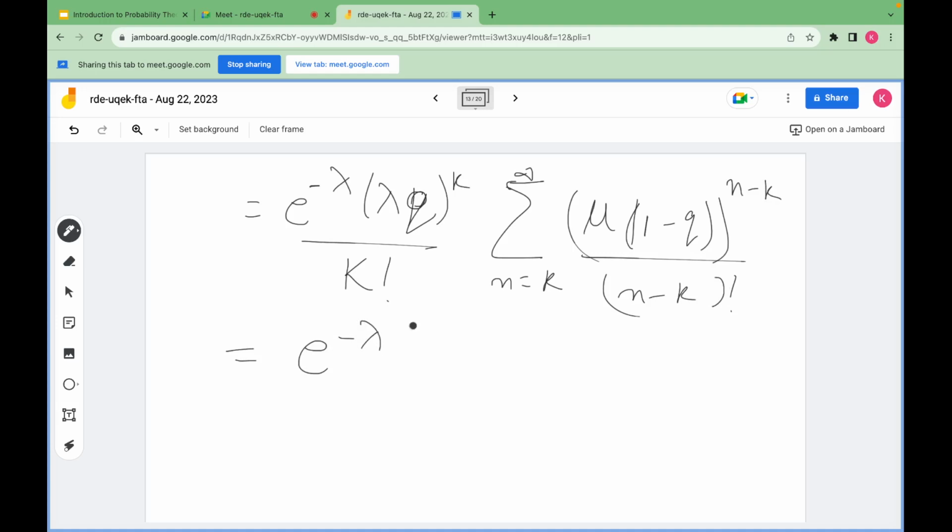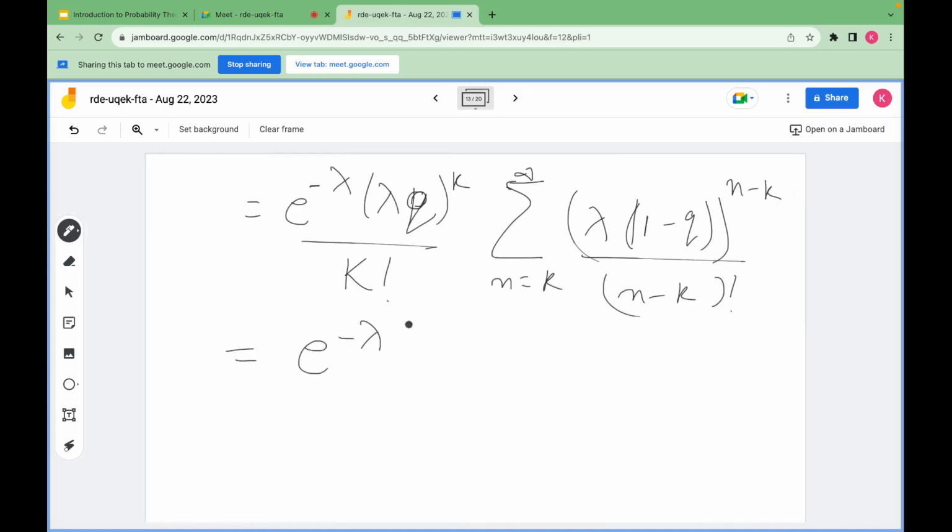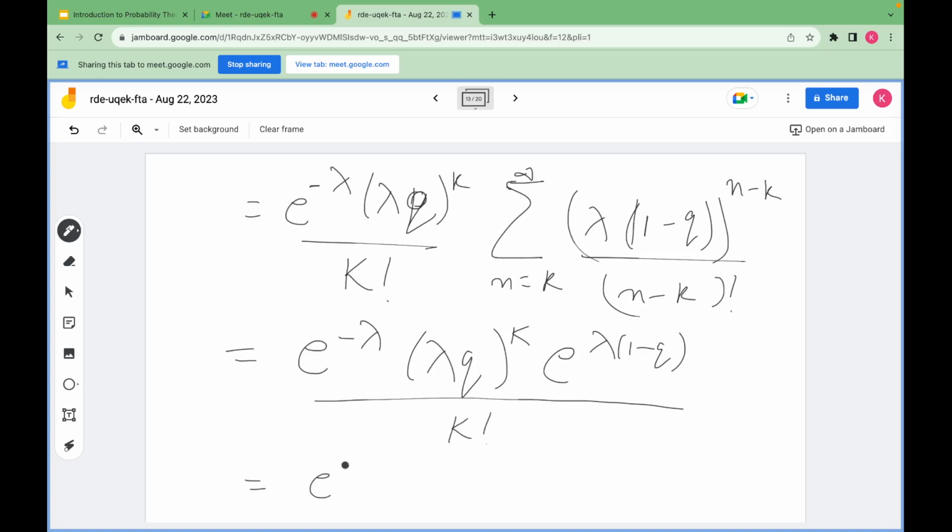This will become e to the power lambda into 1 minus q. So we get e to the power minus lambda, q to the power k, e to the power lambda into 1 minus q, divided by k factorial, and this gives e to the power minus lambda q divided by k factorial.